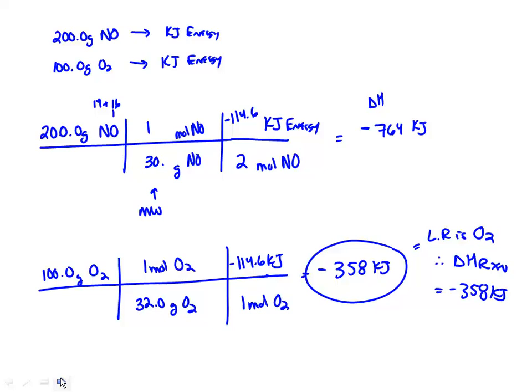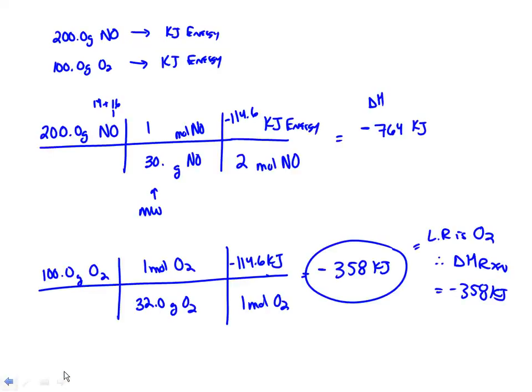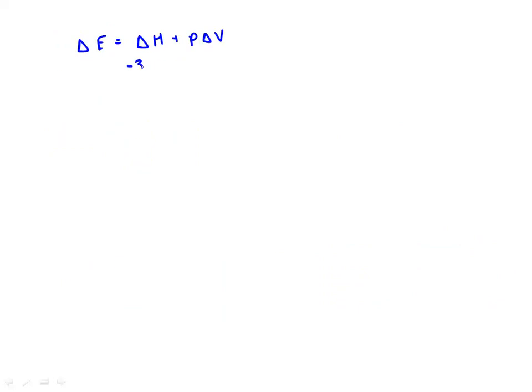Meaning that when I go to the equation delta E equals delta H plus P delta V, I have to plug in minus 358 kilojoules, because I didn't have molar quantities reacting.